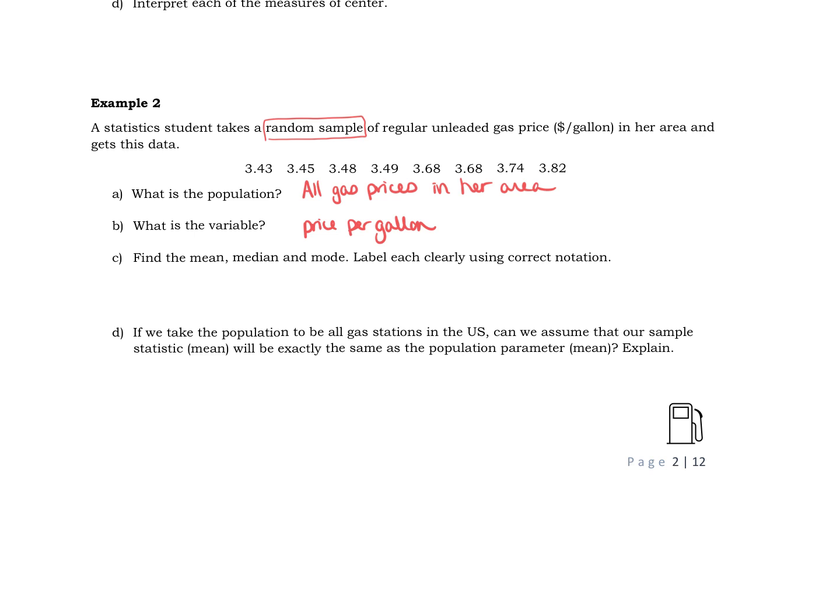Find the mean, median, and the mode. So again, for the mean, you're going to add up those 8 values and then divide by 8. When I added up all of those values, I got 28.77.